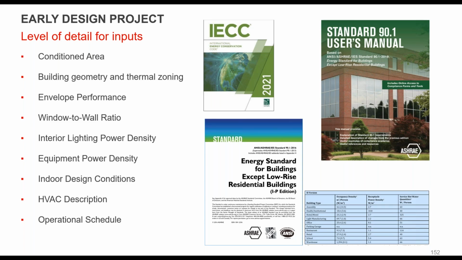So we're trying to pull the pieces together, but we're not getting down into details so much in early design, trying to use what information we have. You see some of the resources: the energy code, whether it's IECC or 90.1, and the user's manual for 90.1, as Sam mentioned, is a good resource for some of this data as well. And we talked about some of these other sources earlier.